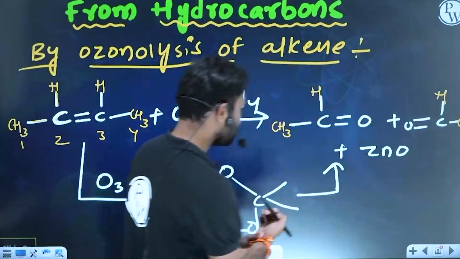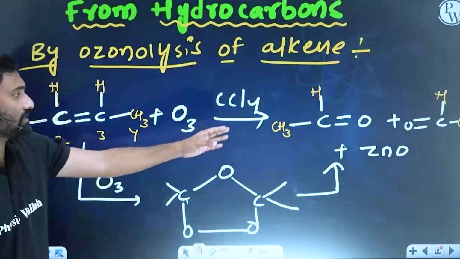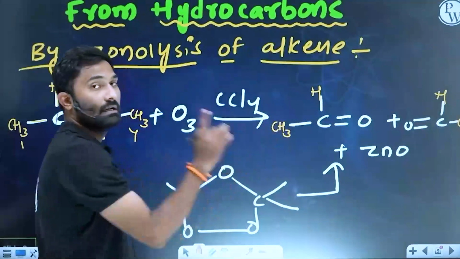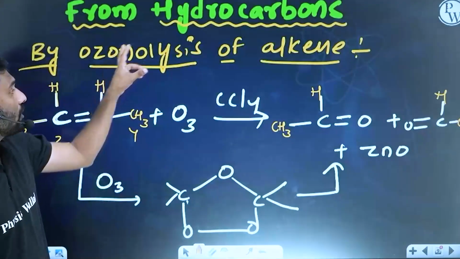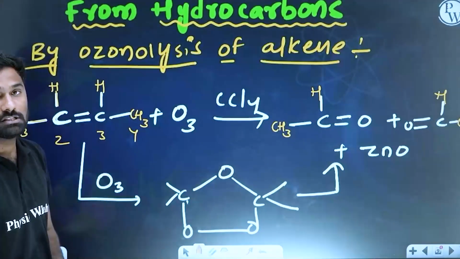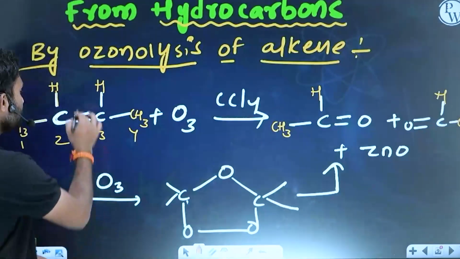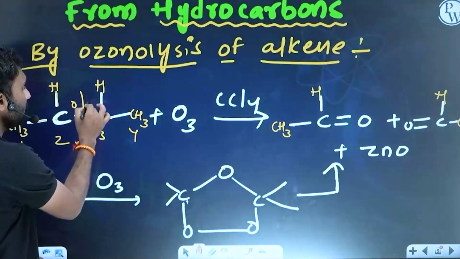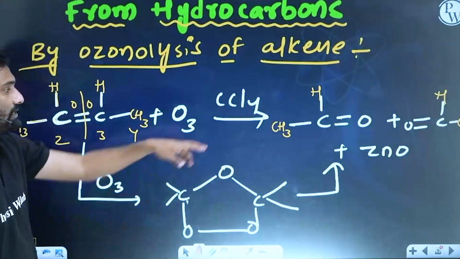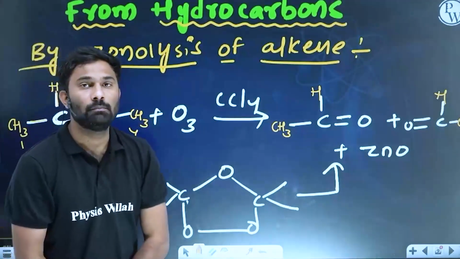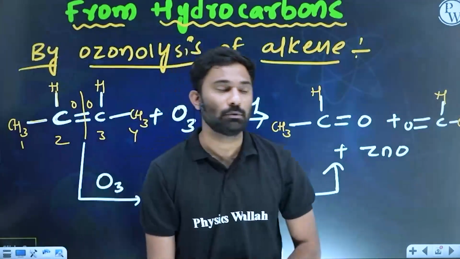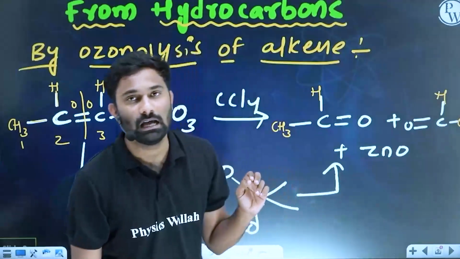Now 2 moles of CH3 with C double bond O, right? Now for ozonolysis of alkene, you have to remember only one thing: break the double bond, put one oxygen here and put one oxygen here. By this we can prepare the acetaldehyde, we can prepare the aldehyde.